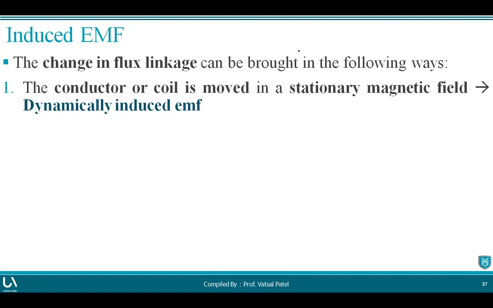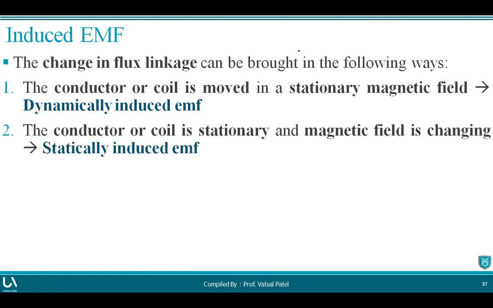First, when the conductor or the coil is moved in a stationary magnetic field, we call it dynamically induced EMF. Second, when the conductor or coil is stationary and the magnetic field is changing, it is statically induced EMF.